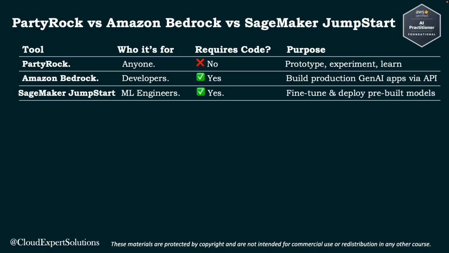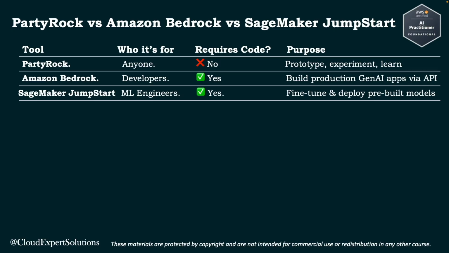Whereas SageMaker JumpStart is for machine learning engineers who want to fine-tune, train, or deploy pre-built foundation models with more technical control. All these services serve different personas on a spectrum from no-code experimentation all the way to deep machine learning customization. You should remember this table. It could easily appear as a scenario-based question during your certification exam.